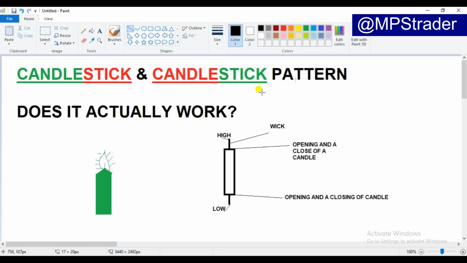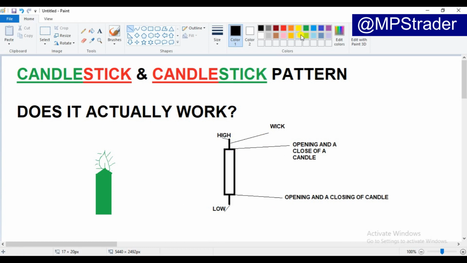This is a candlestick pattern, and this is a candle in real life, and this is a candlestick in the trading life, right? So this is a wick, and the opening or closing of the candle. Till now we don't know, I'm giving just an example of a candlestick, right?